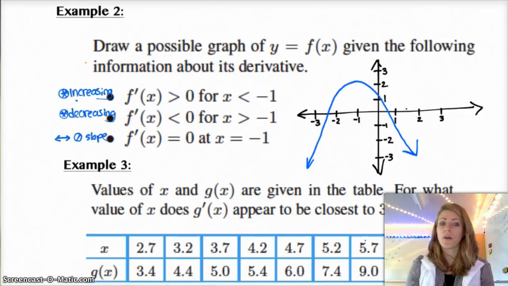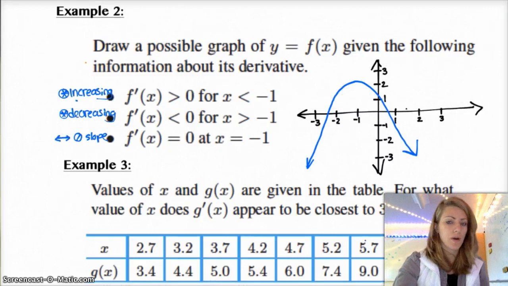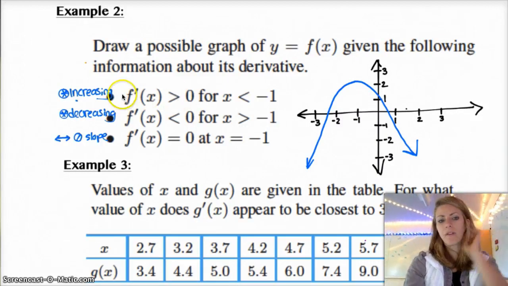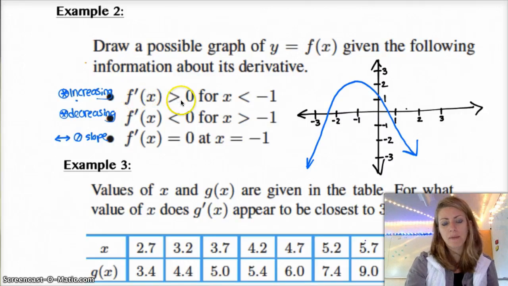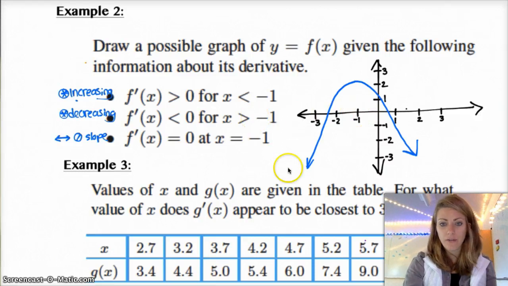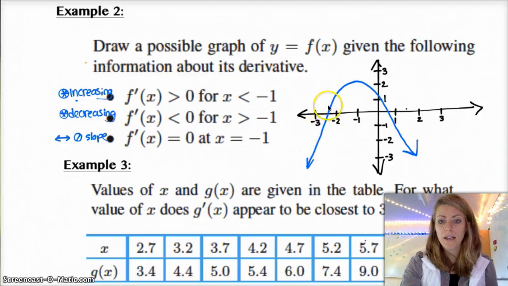Okay, this is just one example for number 2. You could have had something very different from this, but all this means is that f prime is greater than 0 for x less than -1. So any values less than -1 on the x-axis, from here to the left, has to be an increasing function. That's why I drew mine increasing like this.